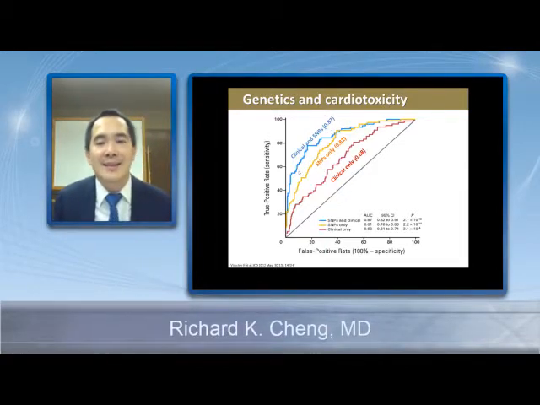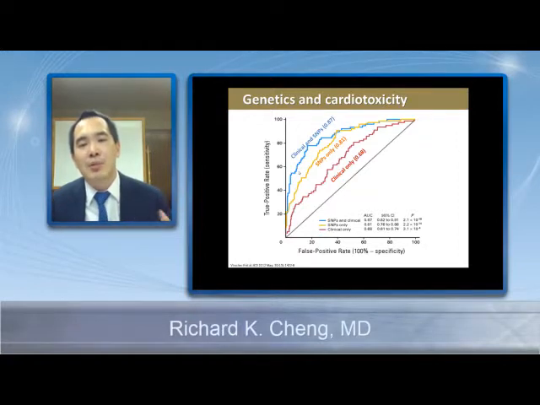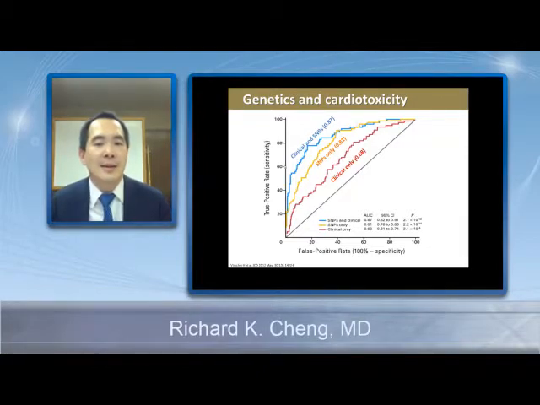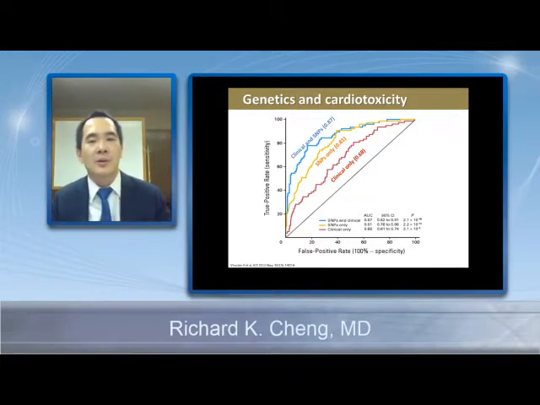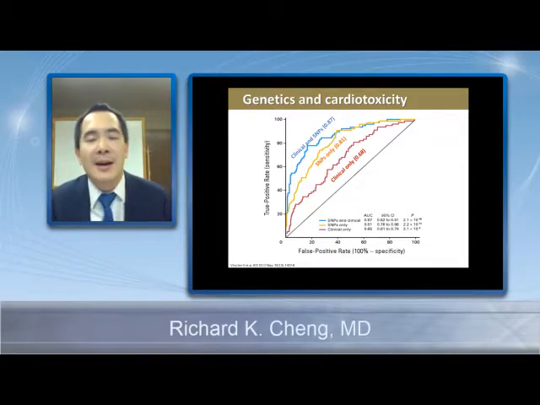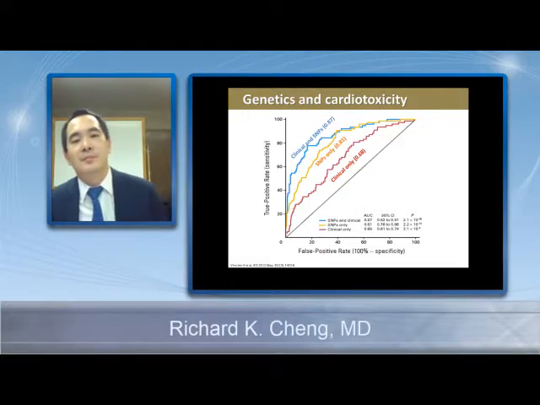So again, emphasizing the benefit of genetic profiling your patients, because this can give you added predictive ability combined with clinical variables alone. And by doing this, you can identify your patients at highest risk, so you can either monitor them more closely, treat them preventatively, or you might want to talk to oncologists about modifying the chemotherapy regimen.